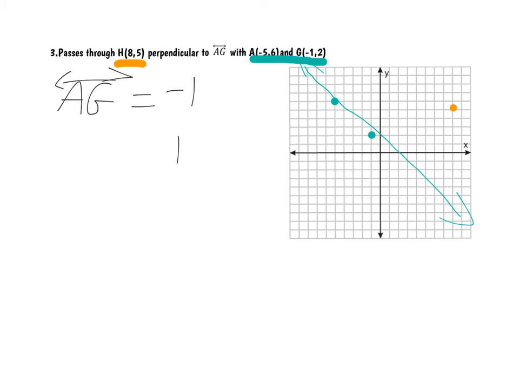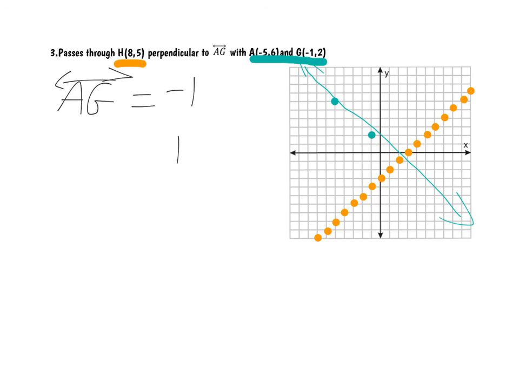Now, I have point H out here. A slope of 1 means it goes up 1 over 1, up 1 over 1, up 1 over 1. So we can chart out our remaining points just going up 1 over 1, or reversing that, to essentially give us a nice, clean-cut perpendicular line to this initial value.